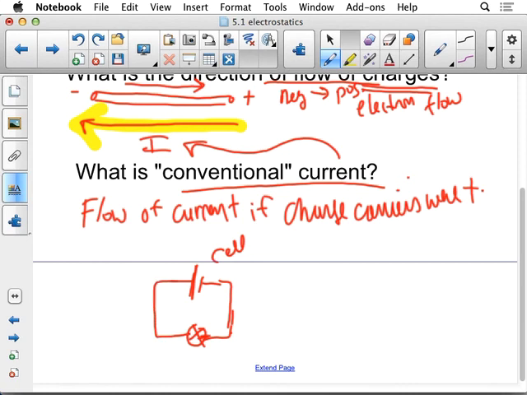Then we know that for whatever reason we have this cell producing an electric field in the wire. The electric field in the wire is going in this direction, you see. So it doesn't matter what charges are actually flowing, you can't get away from the fact that the electric field is in that direction, right?